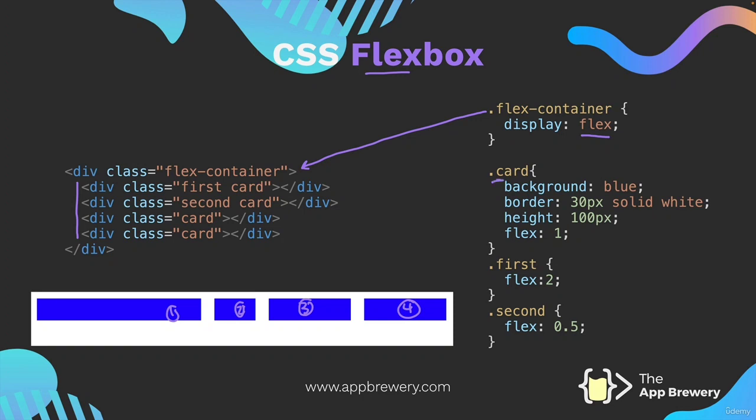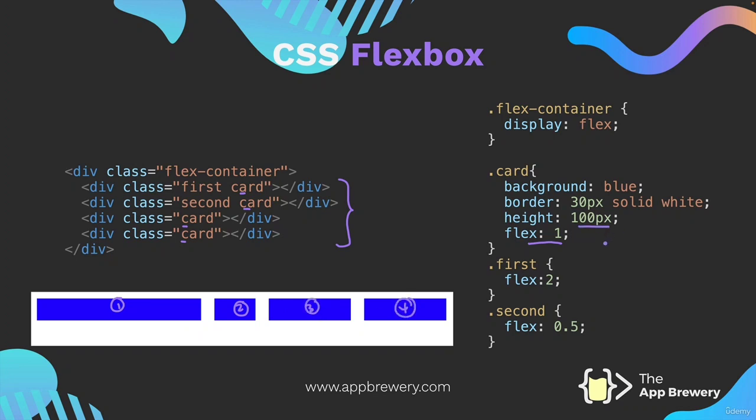So notice we're targeting each of these cards here, and we can give them different settings. Let's say that for all of them, by default, we want them to have a flex of 1. So what this does is it makes each of these cards have an equal width distribution. So divide up the width equally between these 4 cards. So 1, 2, 3, and 4.